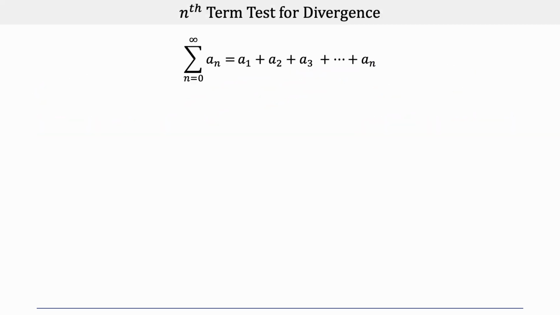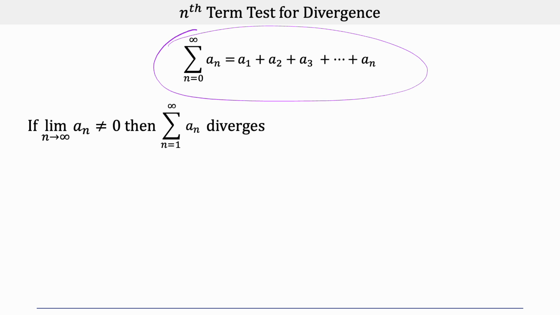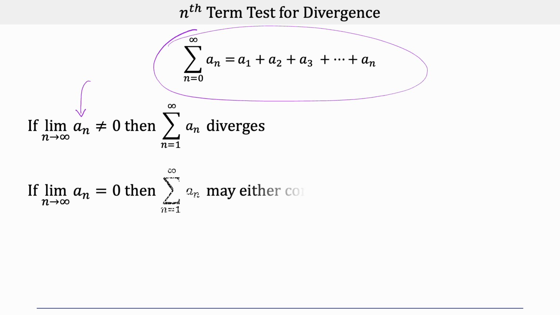Now, that brings up the nth term test for divergence. So here we have an infinite series, a bunch of terms being added together. If the terms are not converging to 0, then the series diverges. It just keeps getting bigger and bigger and bigger.